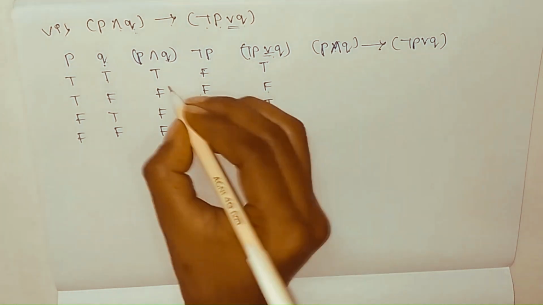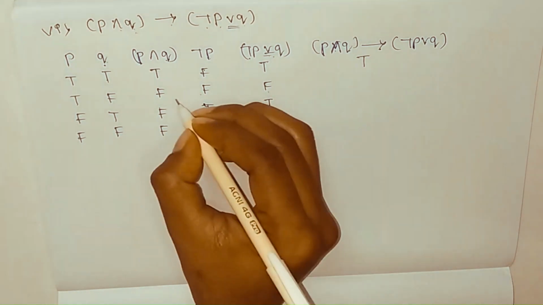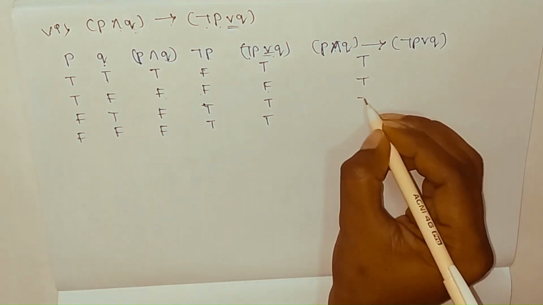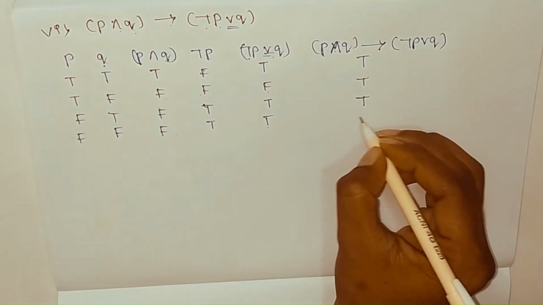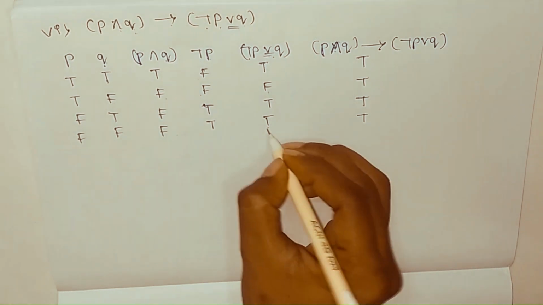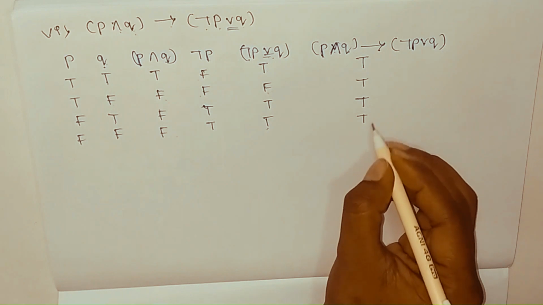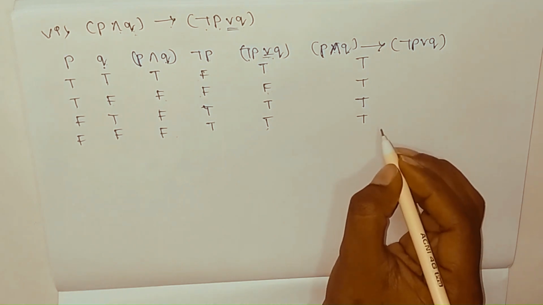Otherwise, it returns true. True true, it returns true. False false, it returns true. False true, true. If true false is there, then only it returns false. It is true for all the rest of the conditions.